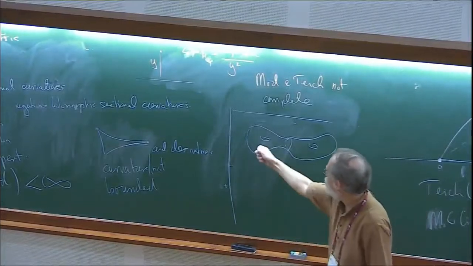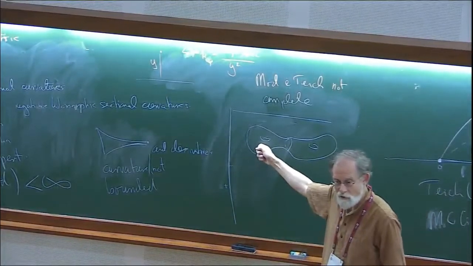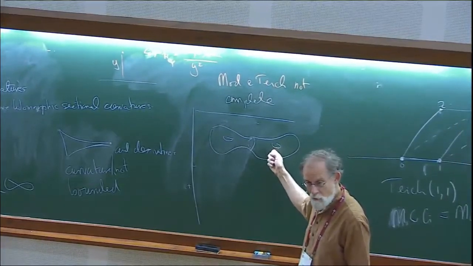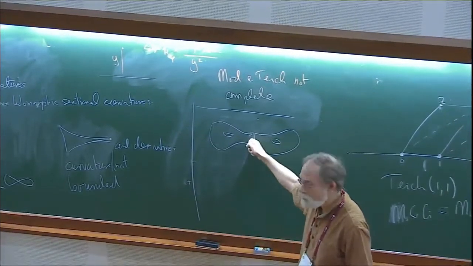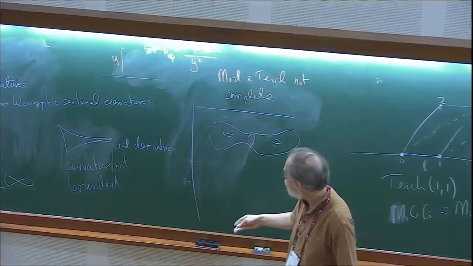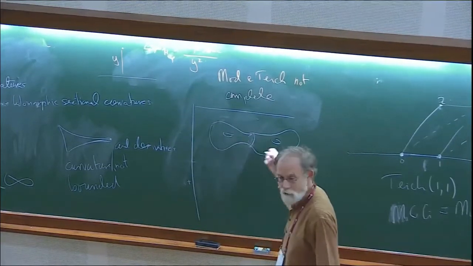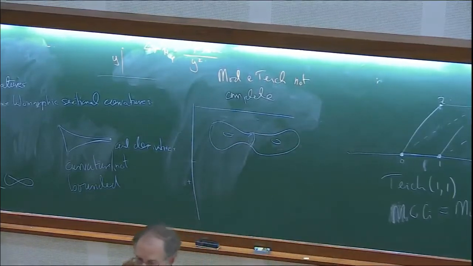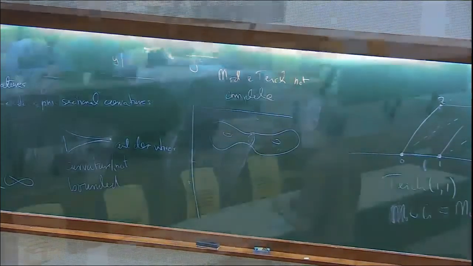Then I can do Teichmüller stuff for this punctured torus independently of stuff for this one. And so while this geodesic is really short, Teichmüller space is starting to look more and more like Teichmüller 1-1 cross Teichmüller 1-1. And that's reflected in the Weil Petersson metric. It looks more and more like the product of the Weil Petersson metrics for those two.